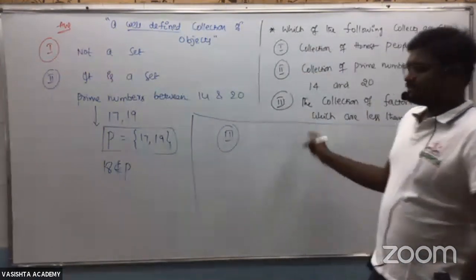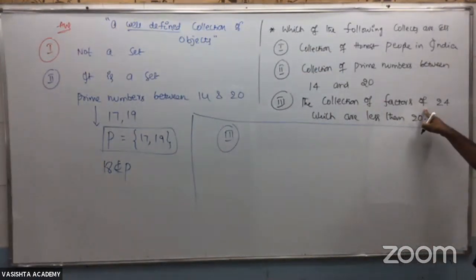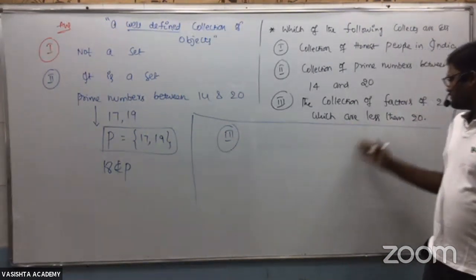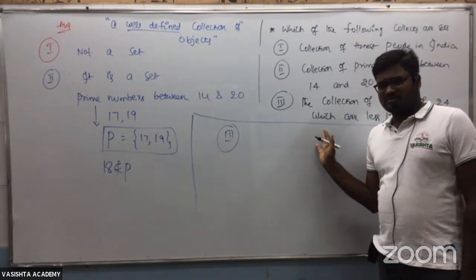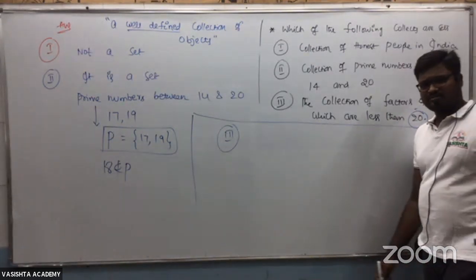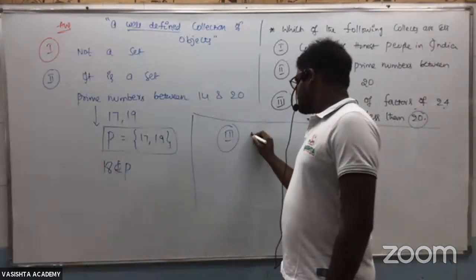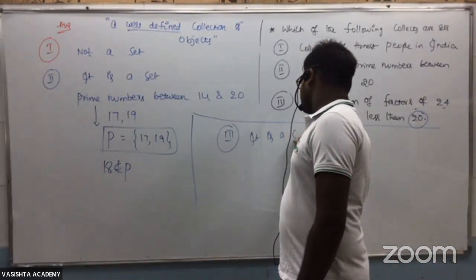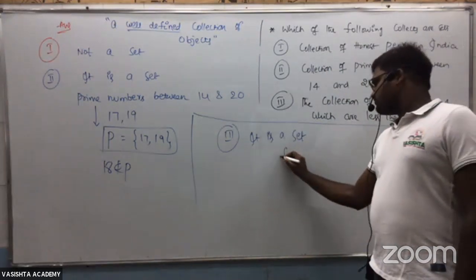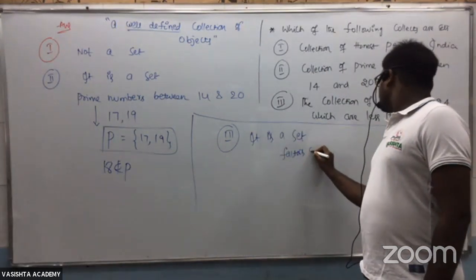What about this one? The collection of factors of 24 which are less than 20. Yes, definitely this is also a set because you can collect the factors of 24 which are less than 20, isn't it? So it is a set because it is a well-defined collection of objects. Now, can you tell me the factors of 24 which are less than 20?